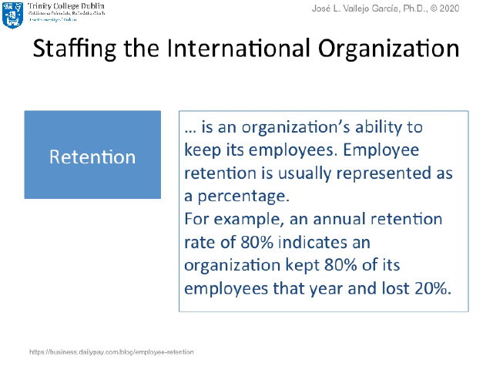Employee retention is usually represented as a percentage. For example, an annual retention rate of 80% indicates an organization kept 80% of its employees in that year and they lost 20%.